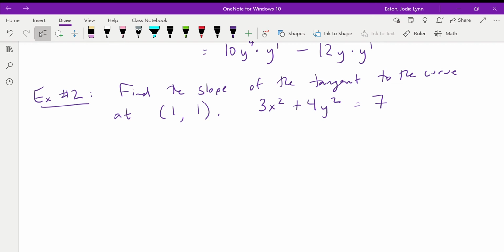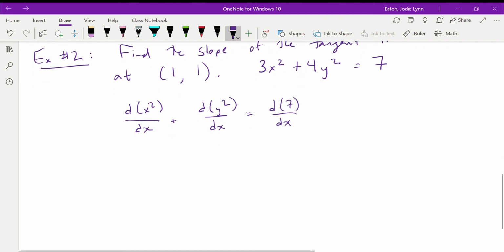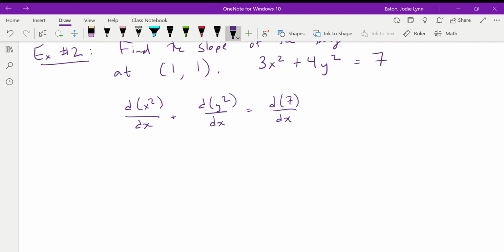So let's go ahead and differentiate implicitly. We are going to find d/dx of 3x squared plus d/dx of 4y squared, and that is equal to d/dx of 7. So d/dx of 3x squared is just going to give us 6x.